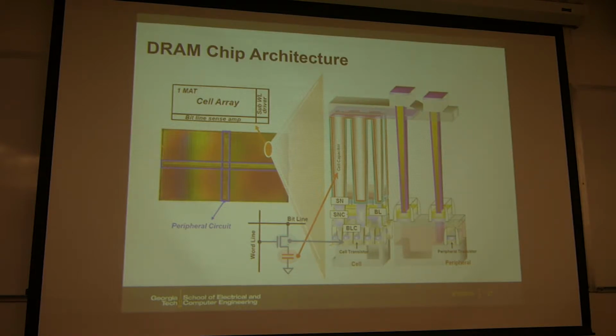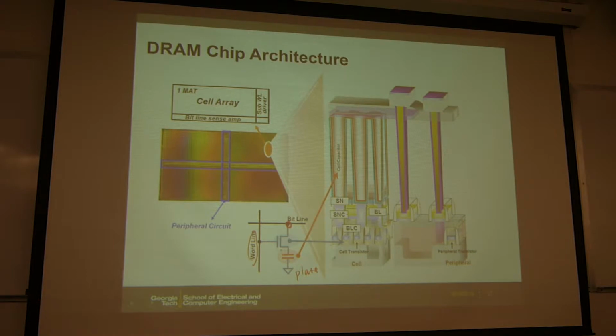You have 1 transistor, 1 capacitor. The transistor's gate is controlled by the word line, and the transistor's source and drain doesn't matter. So let's say one terminal is connected to the bit line, and the other side is connected to the capacitor. And the capacitor's other electrode is connected to the so-called common plate line.